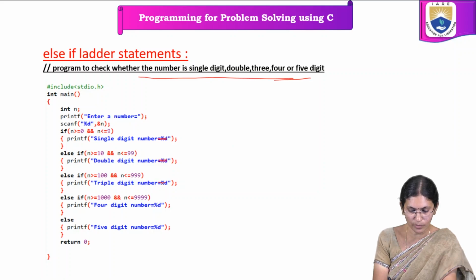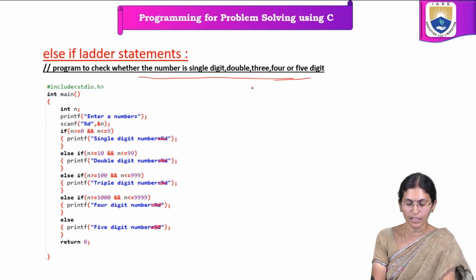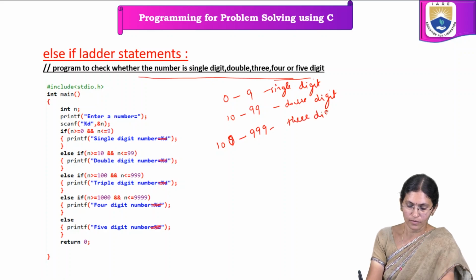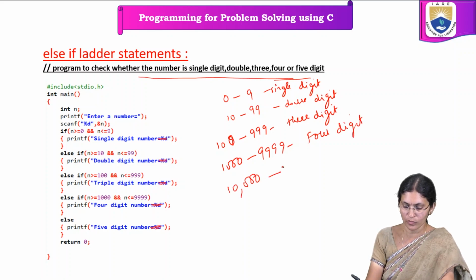In order to check this, single digit numbers are from 0 to 9, then 10 to 99 are double digit, then 100 to 999 are 3 digit, then 1000 to 9999 are 4 digit, and more than that is a 5 digit number.